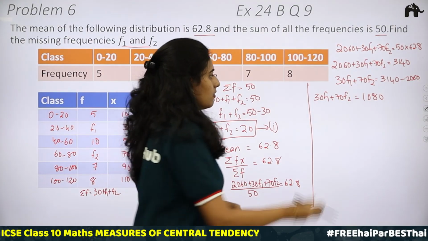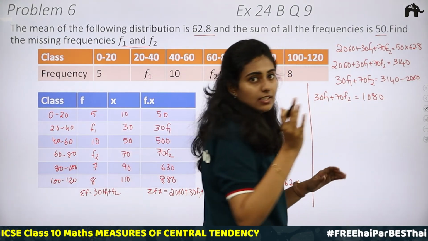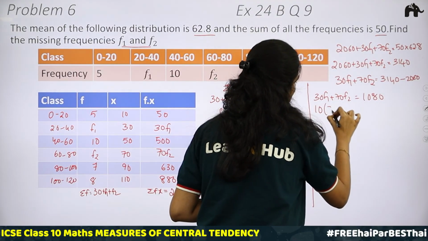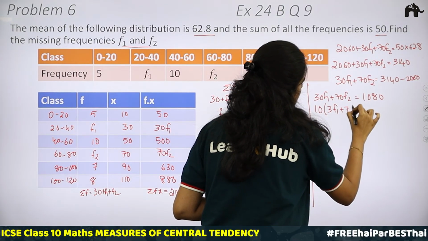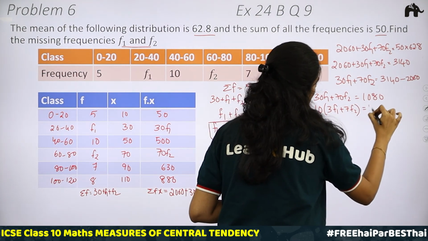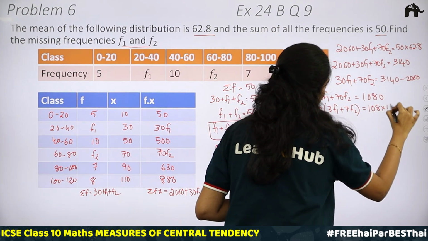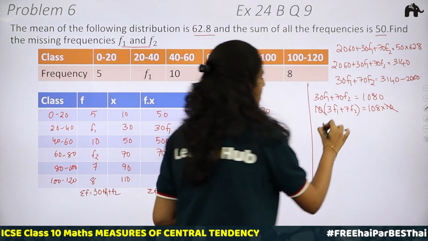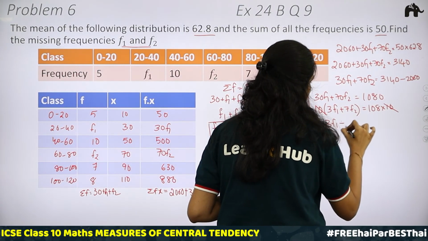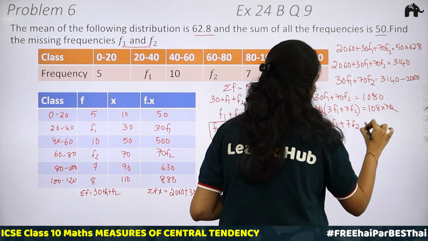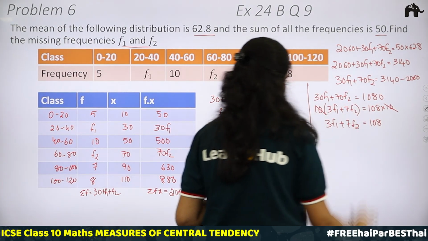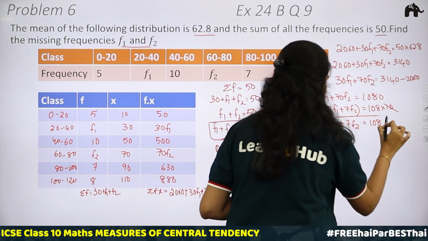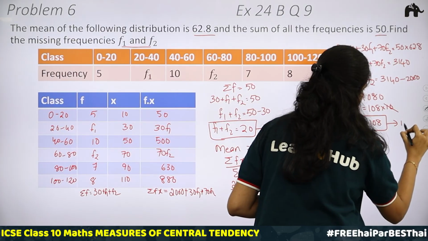Okay. From all these I am removing a 10 so that I can cancel. This is 10 into 3 F1 plus 7 F2 and that is equal to 108 into 10. This 10 and this 10 can be removed. So calculation becomes easier. 3 F1 plus 7 F2 is equal to 108. So this is our second equation.